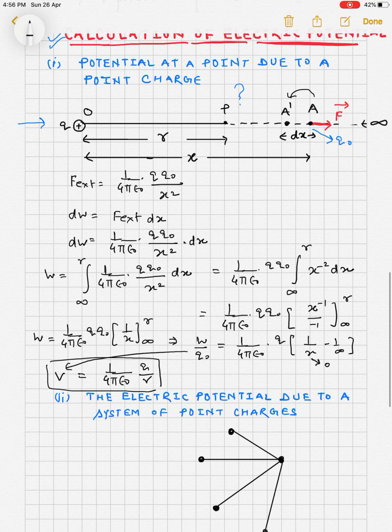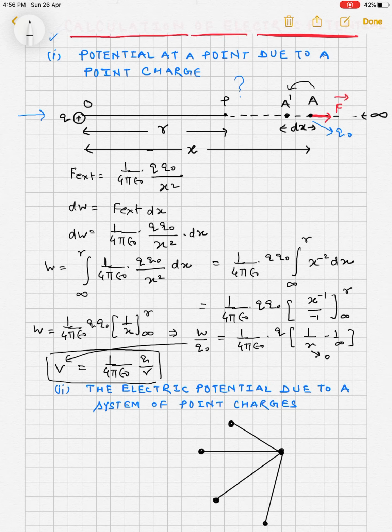Now come to the last point. Suppose the electric potential due to a system of charges. Suppose here is point P. The important thing in this formula is that V is a scalar quantity. So we will put the value of q with sign. This is very important.